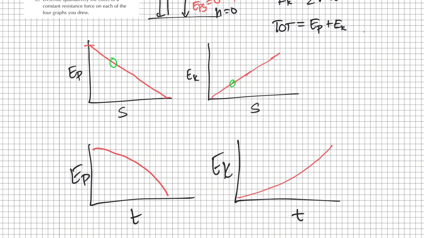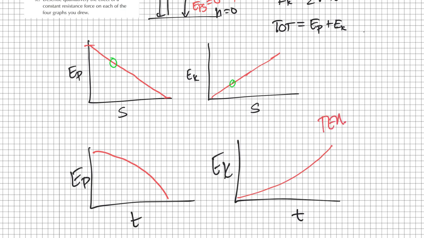whereas these graphs will probably change a little bit, because eventually I'm going to reach terminal velocity. Terminal velocity meaning I have a constant velocity downward.